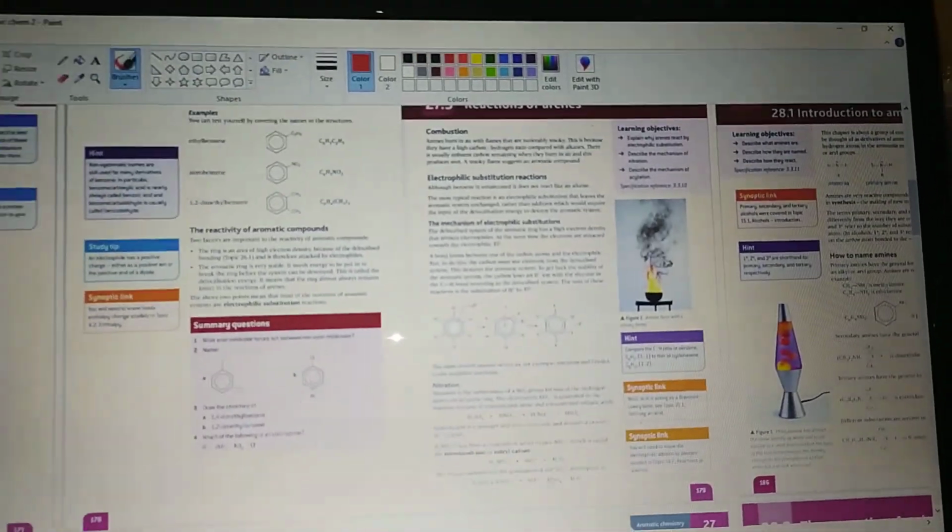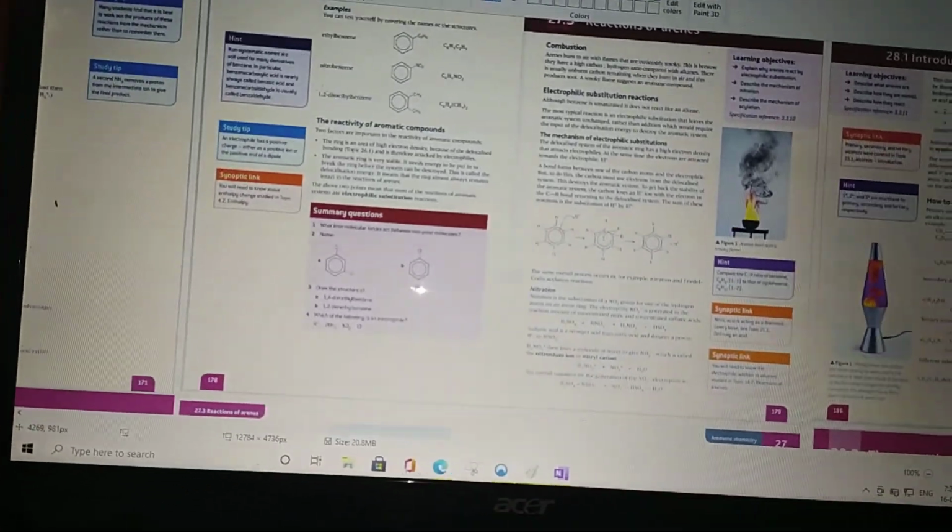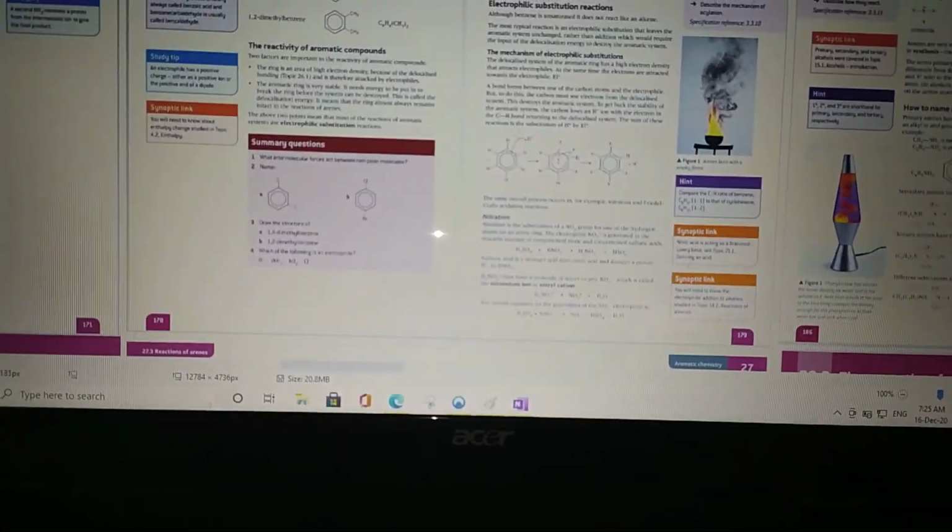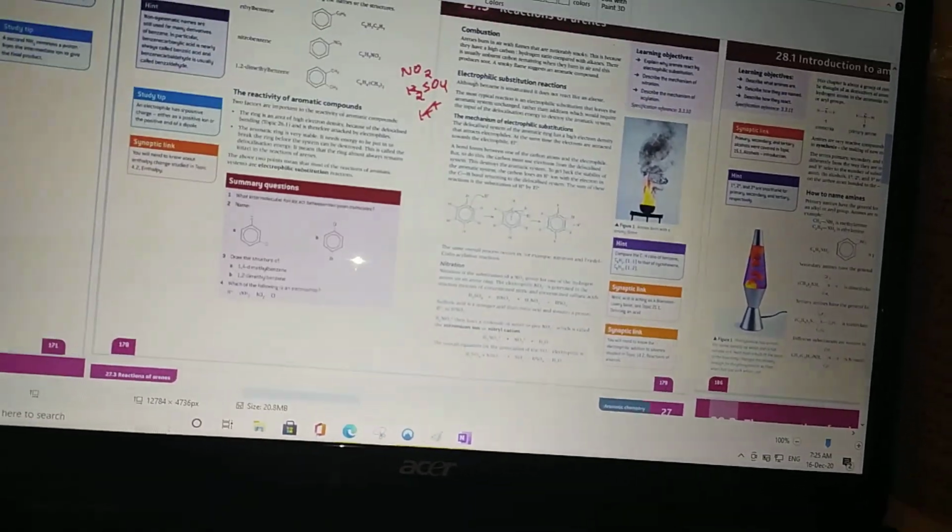So this undergoes electrophilic substitution reactions. We know our particular electrophiles in this case, which are the NO2 positive, the H2SO4, and the H positive respectively.